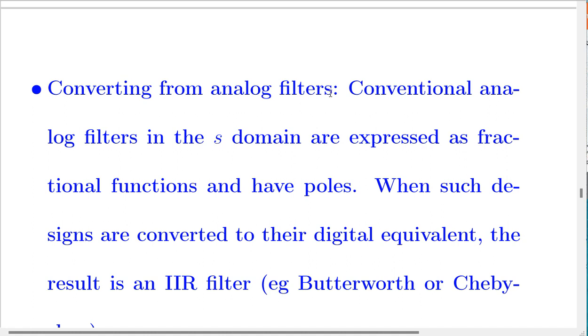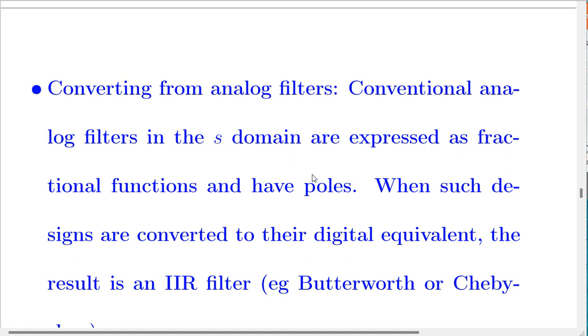Some designs for analog have already been done. Can we use them in a digital environment? Very tempting idea. Okay? Conventional analog filters in the S domain, Laplace domain, are expressed as fractional functions and have poles.